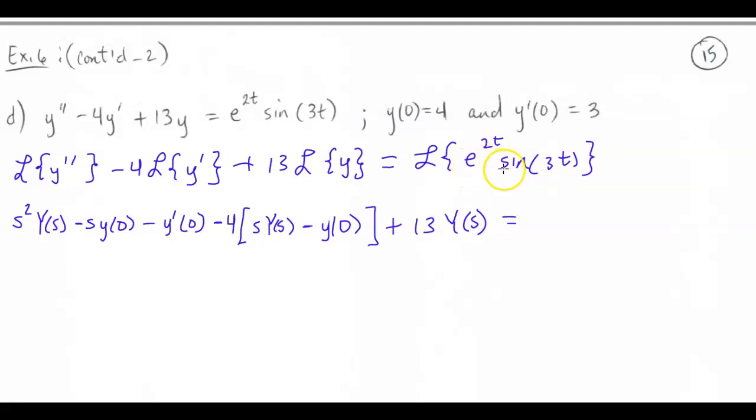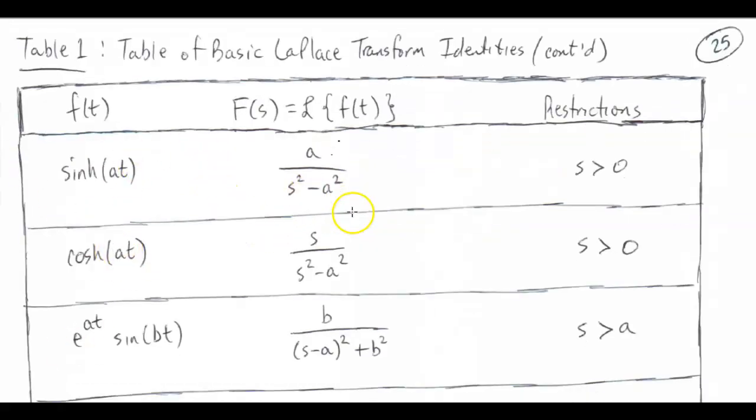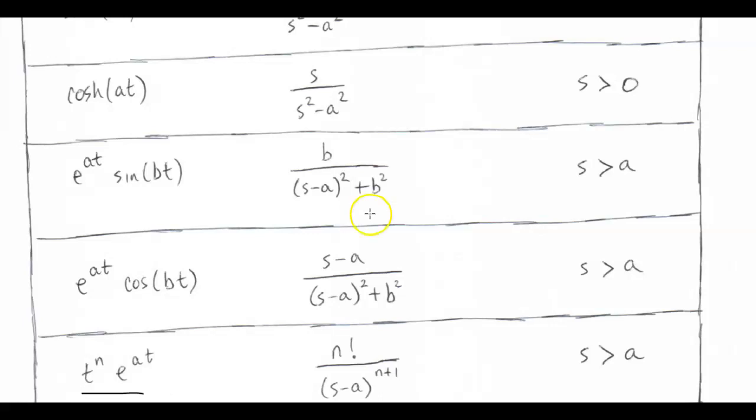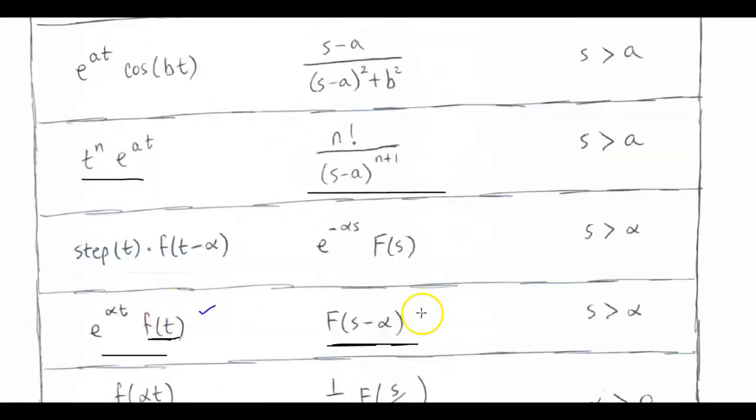And of course here, notice that we're taking the Laplace transform of a function that we know, but we have this e raised to the 2t in it. And if you remember, this was one of our translation properties. So switching over to the Laplace transform table here, you'll see that we actually have the Laplace transform of this exact thing here. But what I'm going to do is actually use this form of it.